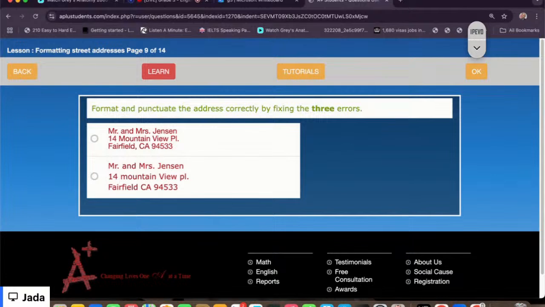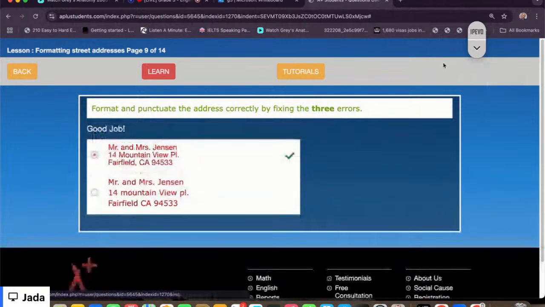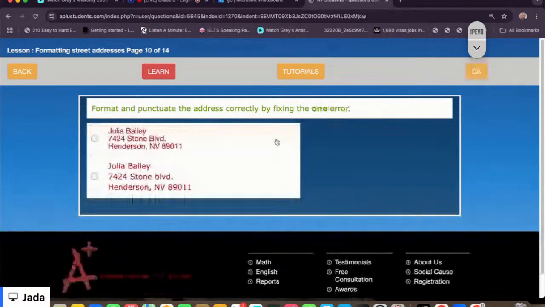All right, so the first one is the correct one. Okay, so for the next one, we need to correct just one error. So what's the right answer here?